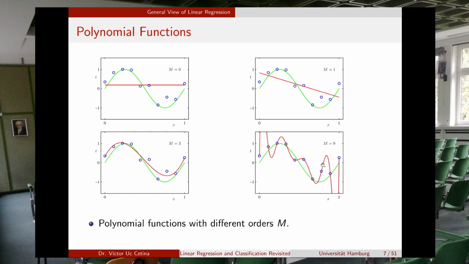So these crazy curves are not good, and this is a very extreme case of what we call overfitting. Basically your model has memorized each of the points, and this is not good. We will talk more about overfitting later.